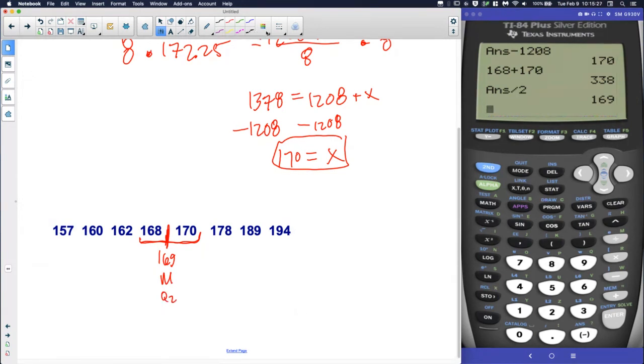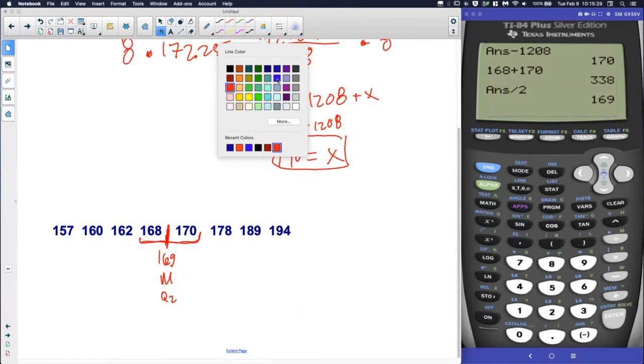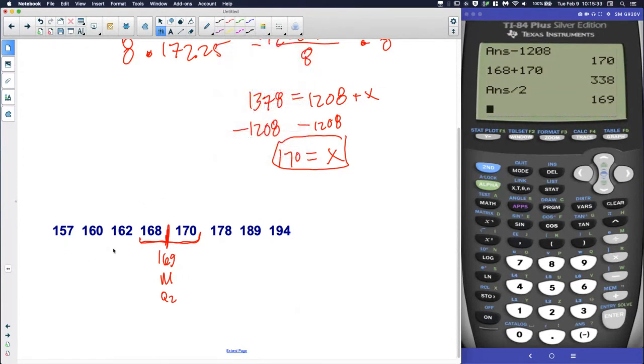So now can I find Q1 and Q3? Let's try it. Now I have to look at this group of numbers, and then this group of numbers. So I need the middle of these 2 numbers to get Q3.